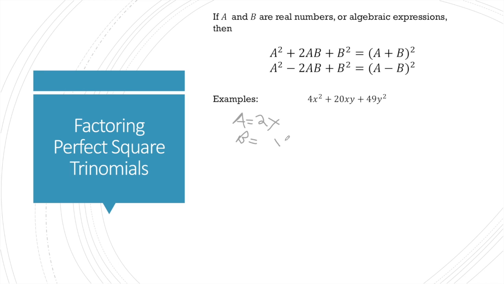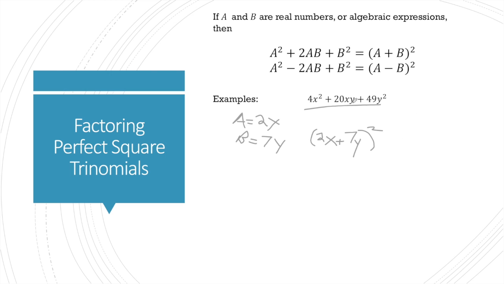So I know I'm going to have a y, and 49 is 7 squared. So I can rewrite this as (2x + 7y) squared. So this would be a good example of when knowing the shortcut would be helpful and handy.